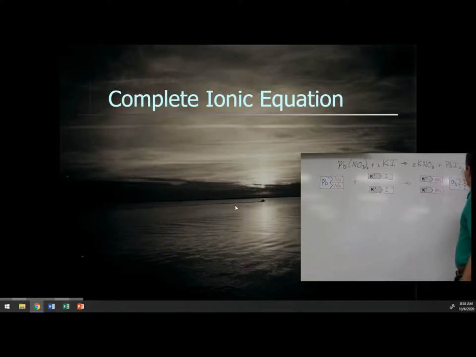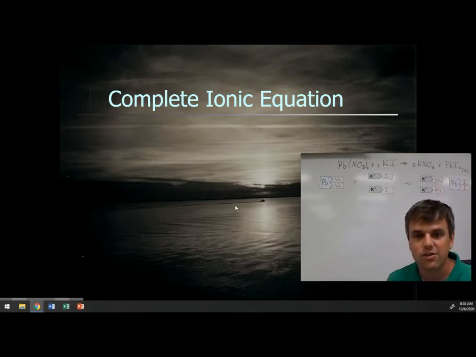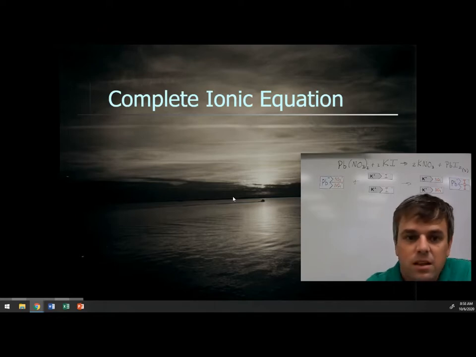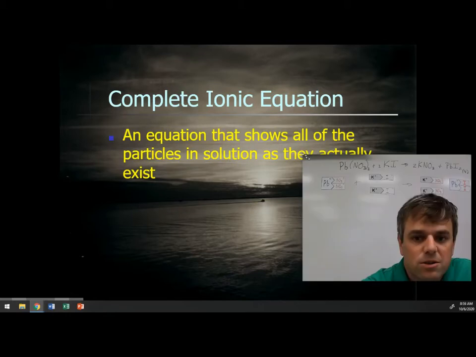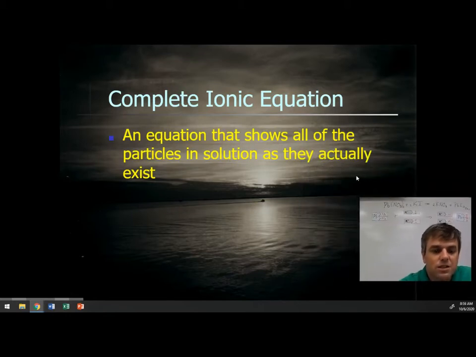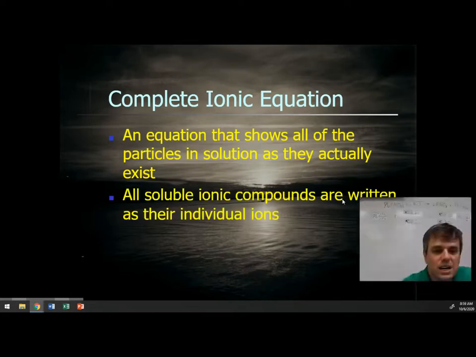So we'll represent that with the letter s, meaning that it is a solid or a precipitate that comes out of solution. So for a complete ionic equation, and you'll never have to actually write a complete ionic equation, you just need to know what these are. It shows all the particles in solution as they actually exist, where soluble ionic compounds are written as their individual ions.